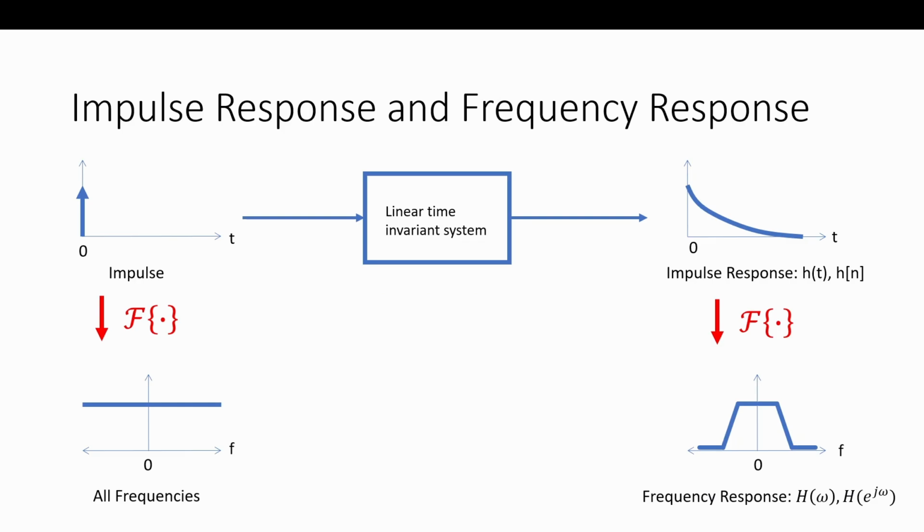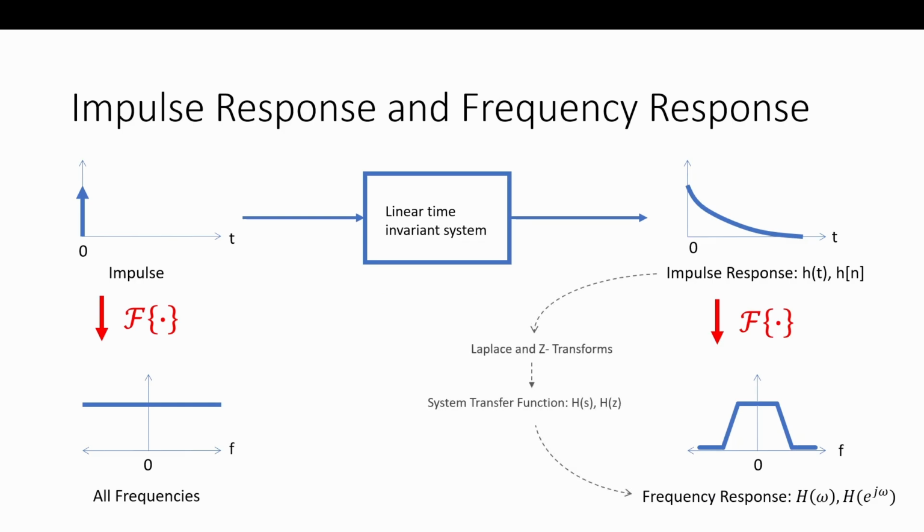So convolution of the input with the impulse response will predict the output. And in the frequency domain, it's multiplication. So if we took the Fourier transform of the impulse response, it's showing us exactly what it would do to all frequencies as simply a product. Make sense?